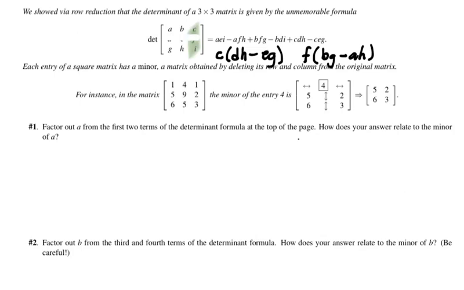So you notice that that pattern continues as we move around the matrix. If I factor the I out, I end up with AE minus BD, which is exactly the determinant of that 2 by 2 minor of the entry I. So how do we know when we need a plus in front of the determinant and when we need a minus in front of the determinant of a relevant minor?